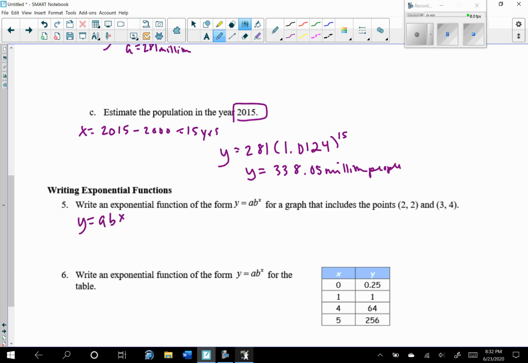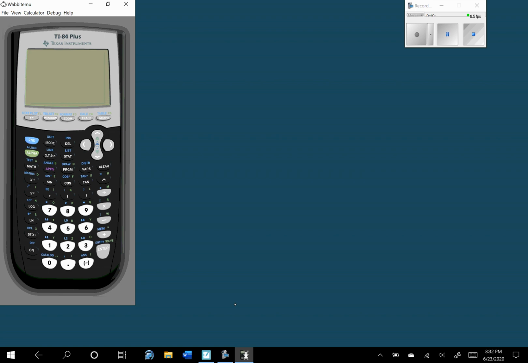I'm going to go to my calculator, turn it on first, then go to stat, and hit enter on edit. List 1 is going to be your x values, and list 2 is going to be your y values. So for my x values, I had 2 and 3, and for my y values, 2 and 4.